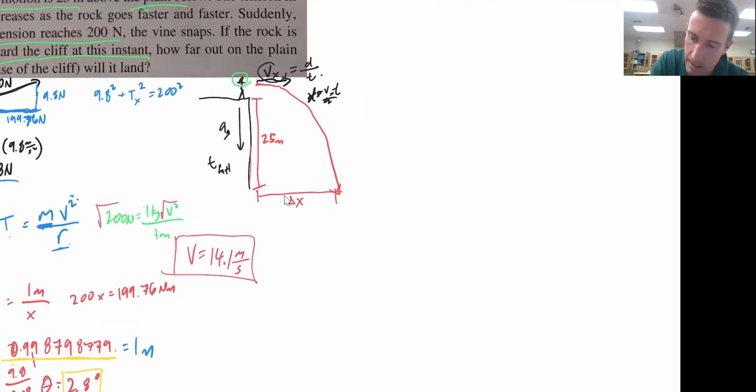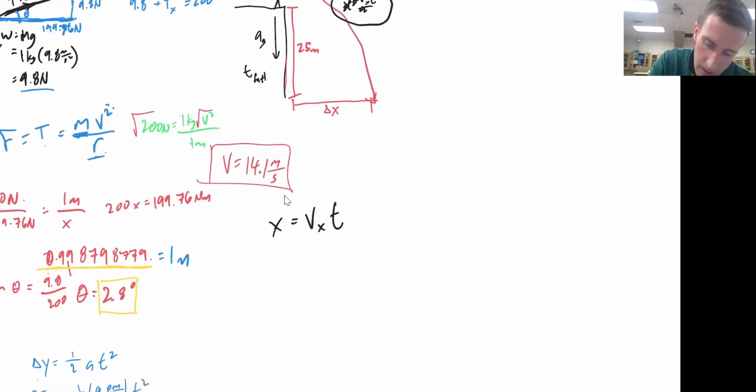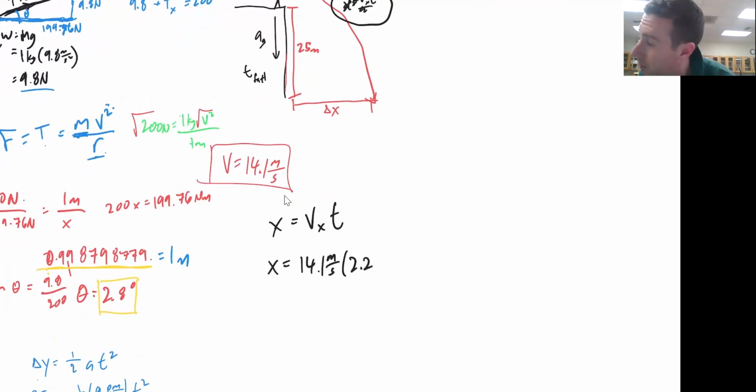So now I can say from this equation right there, x equals Vx t, plug in the two pieces that I figured out, x equals 14.1 meters per second times 2.26 seconds.